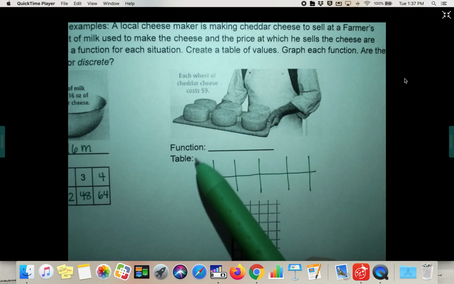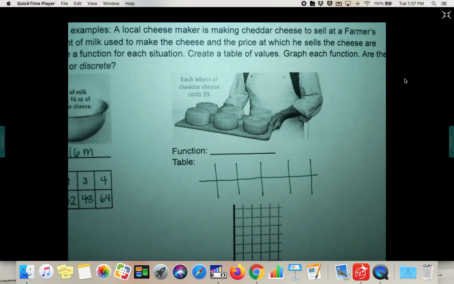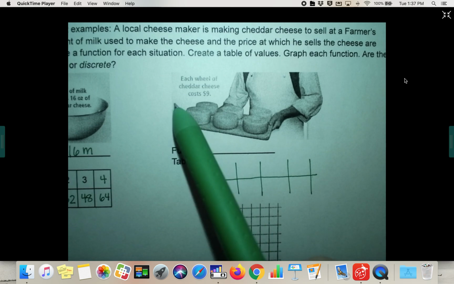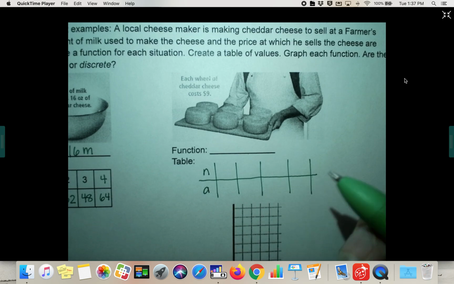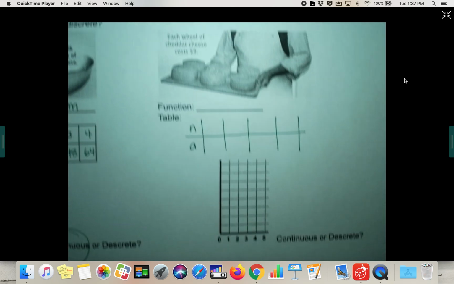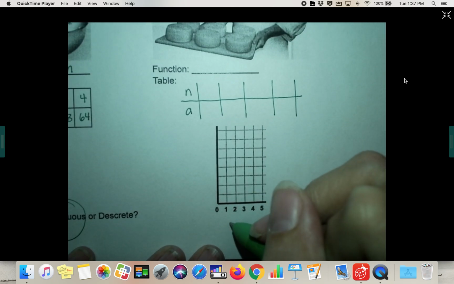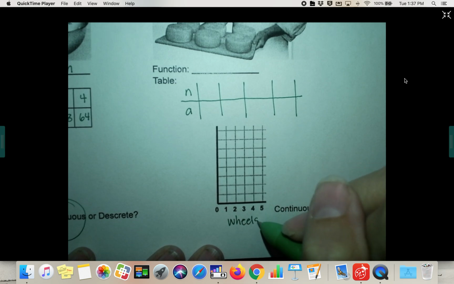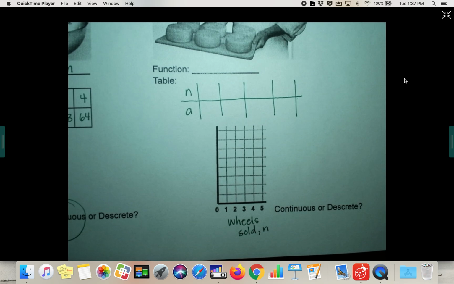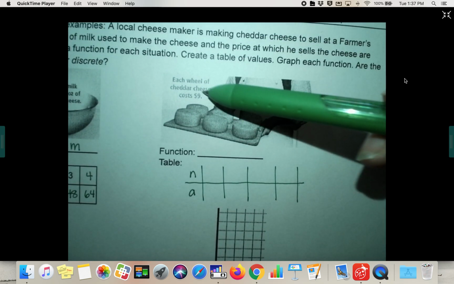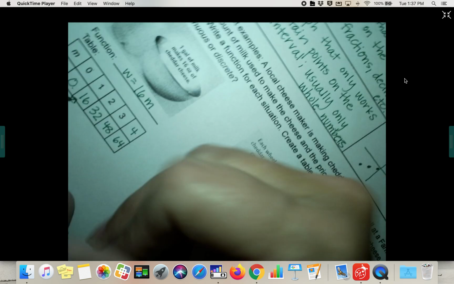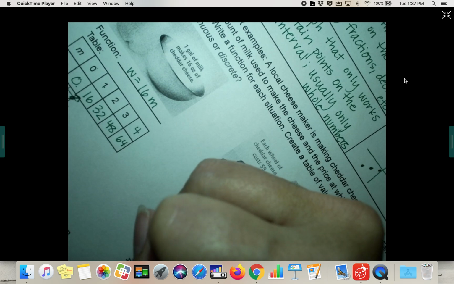So now it wants us to use, it doesn't say, we're going to use N and A because N actually represents the number of wheels sold. So we'll put wheels sold, and that's N, number of wheels sold. And then our Y is A, which is amount, because that's going to be the money, the dollars. So this is going to be A for amount.